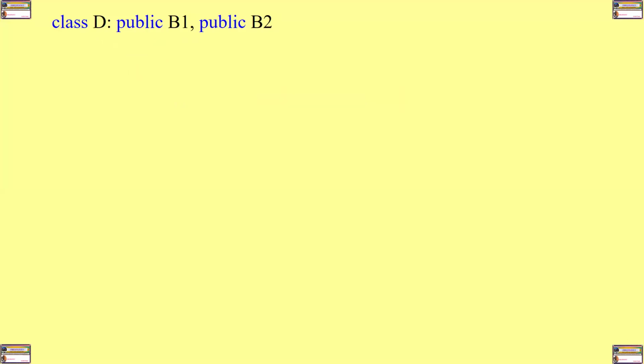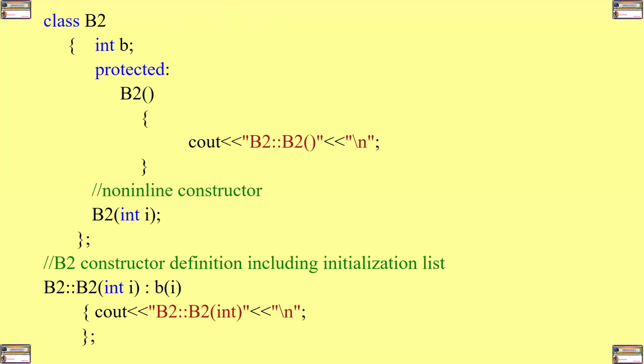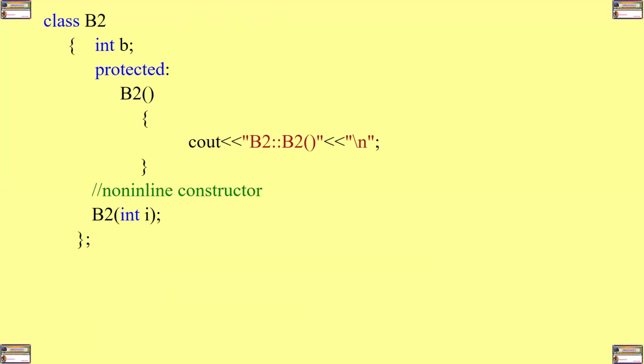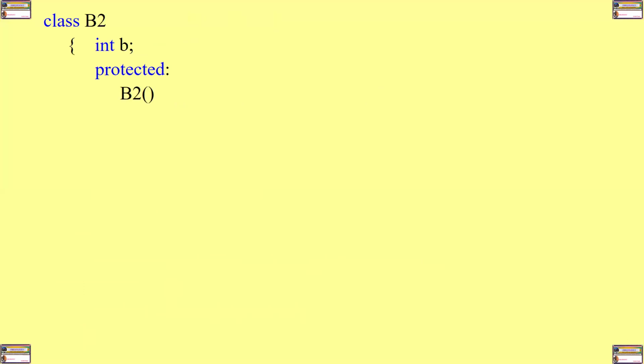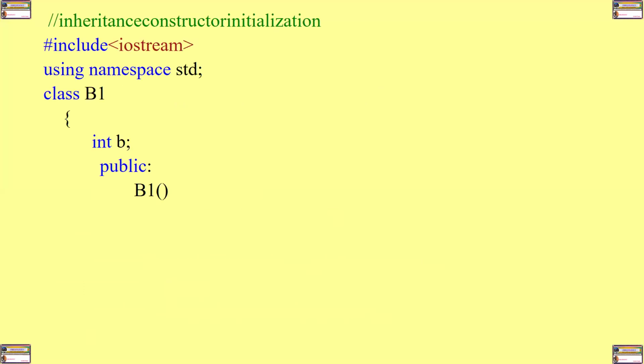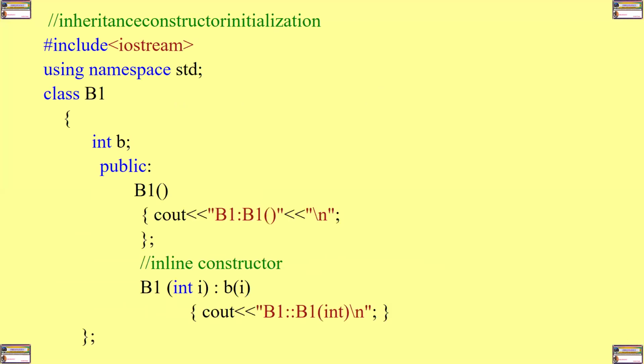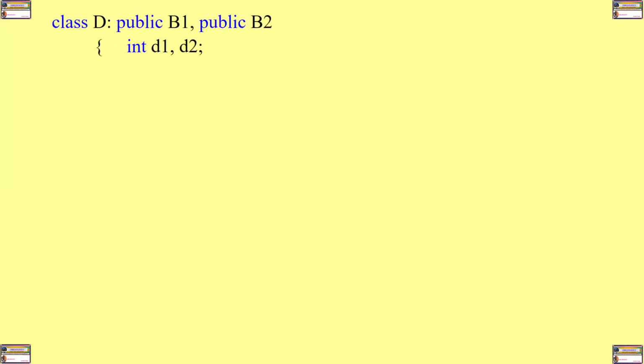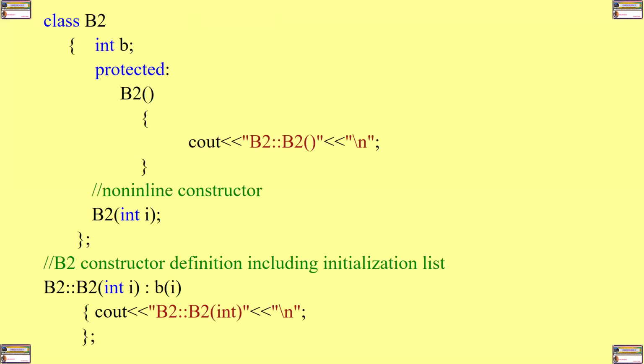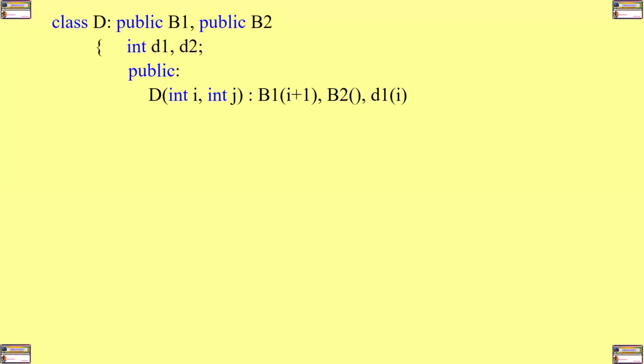Now, if you look carefully in this program, my dear students and the rest of the learners, you can see that B2 here is a constructor of class B2. And also B1 is a constructor for class B1. And therefore, in this statement here, we can see that because class D is a derived class, it is able to access the constructor for the class B1 and the constructor for the class B2.